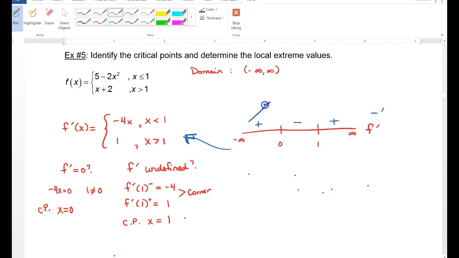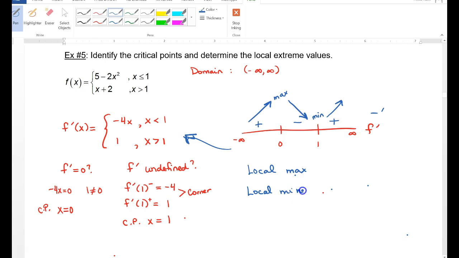So my graph goes up to the right, down to the left, up to the right. So we have a maximum here and a minimum here. Now, because this goes to negative infinity here, and it goes to positive infinity here, these are both local maximum and local minimum.